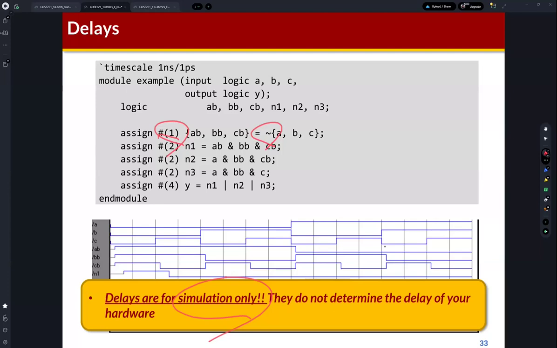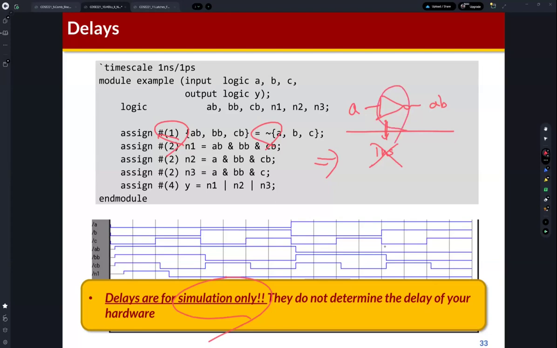Then if this logic is synthesized, the NOT gate will be implemented like this: A, NOT gate, and AB, right? But the delay of the synthesized NOT gate is not 1 nanosecond. Okay? It's just a simulation.